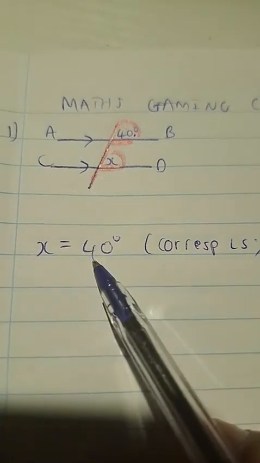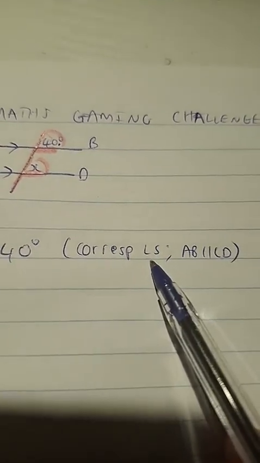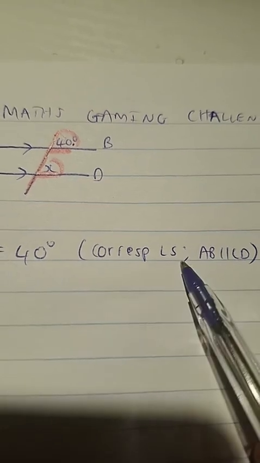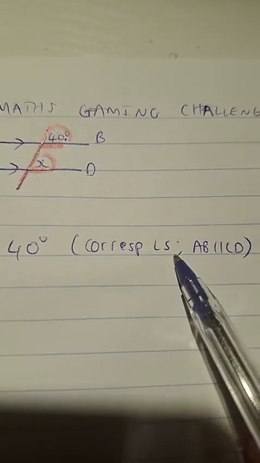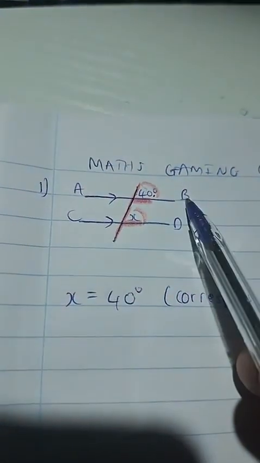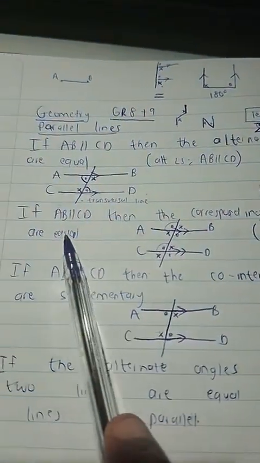That's the first thing, which is 100% correct. Second, the reason for saying it is such is also 100% correct. It is corresponding angles, and we state the lines that are parallel. AB, yes, indeed, is parallel to CD. I want to go back to the statement that we had alluded to.